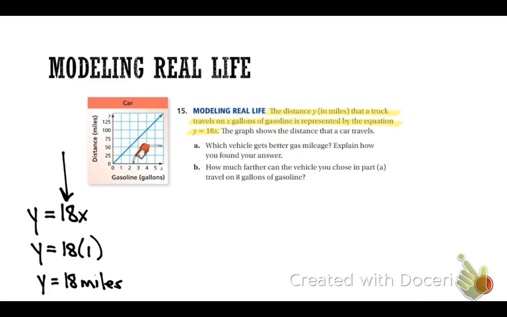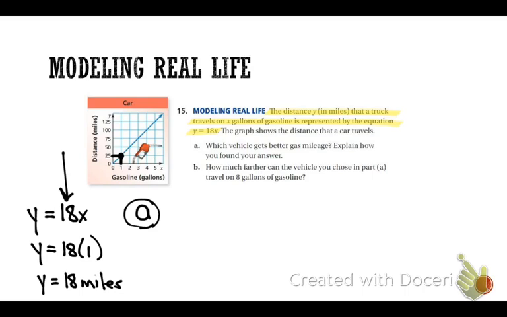Now look at your graph. Go over to 1 gallon on the car. On 1 gallon on the car, how many miles did it go? 25. So to answer A, you don't necessarily have to show this work over here. I'm just showing you what's happening there.